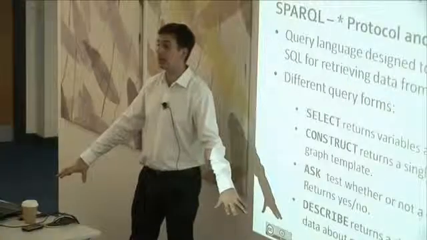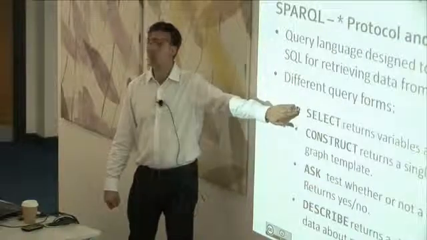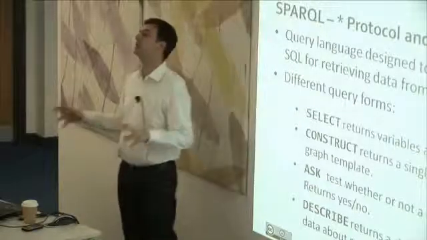Okay? So unlike describe that just says, give me some graph about the bindings, we either say, give me a table of them, or give me a graph of them of particular form. So with select and construct, we can say, okay, this is what the table should look like. This is what manipulations you should do. Or with construct, this is what the graph should look like. This is how you should manipulate those bindings into a graph.